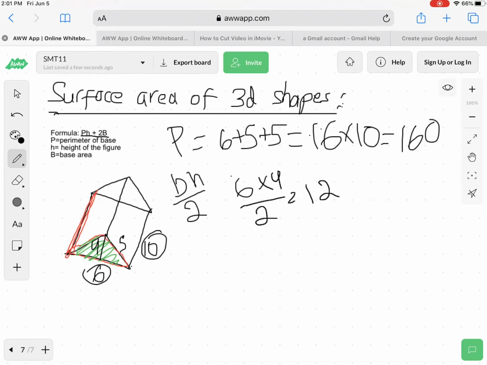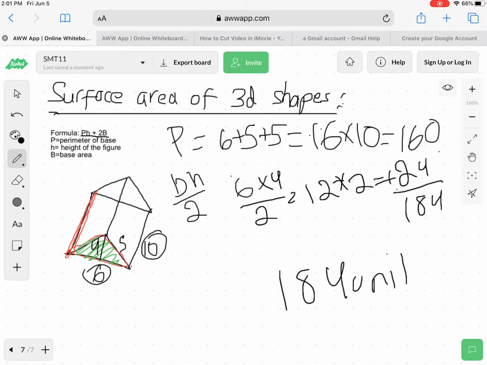So that means we would have to do 12 times 2, which equals 24. Now we add the 160, and we get 184. So our final answer would be 184 units squared.